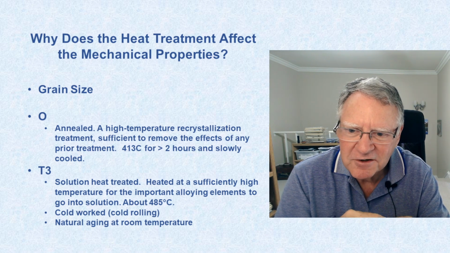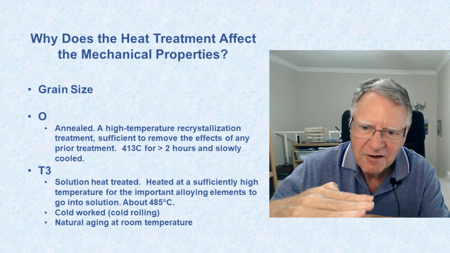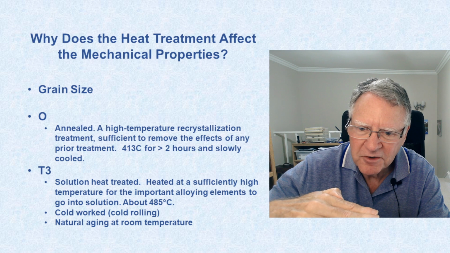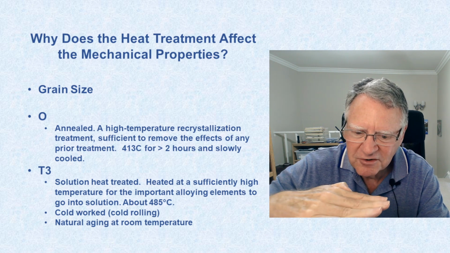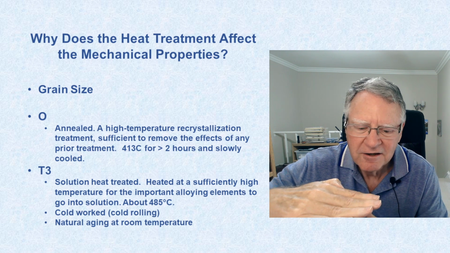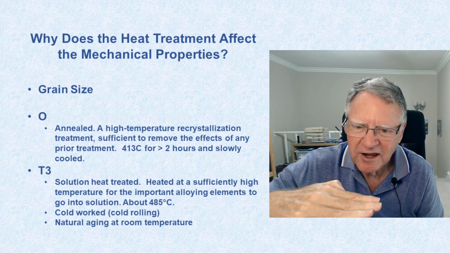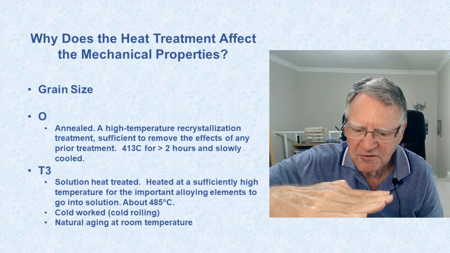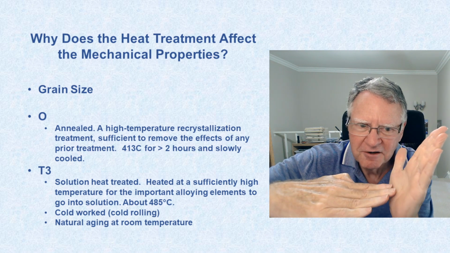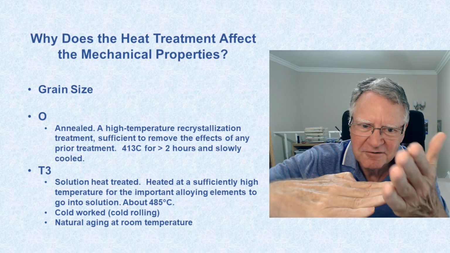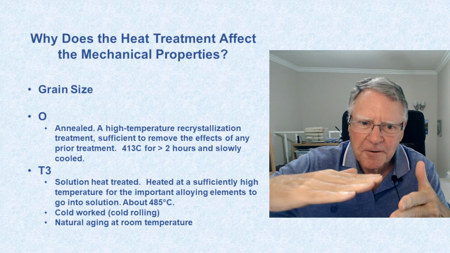So say you have a slip line propagating in some direction in one of the aluminum grains, say it's propagating this way. And it comes to a grain boundary, and say the next grain, instead of being oriented in this direction, is oriented off at some angle, this direction, or this direction, or this direction.